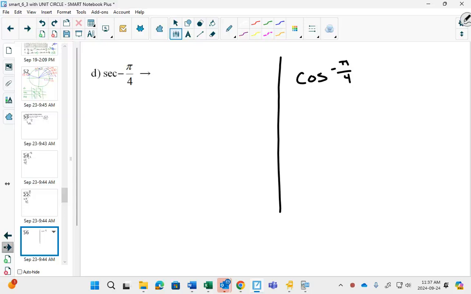Can you see that it's in quadrant 4? Cos of negative pi over 4 is root 2 over 2, or 1 over root 2. Those are two different ways you can write it. So then if the question asked you to find secant of negative pi over 4, you could either write 2 over root 2 or root 2 over 1.